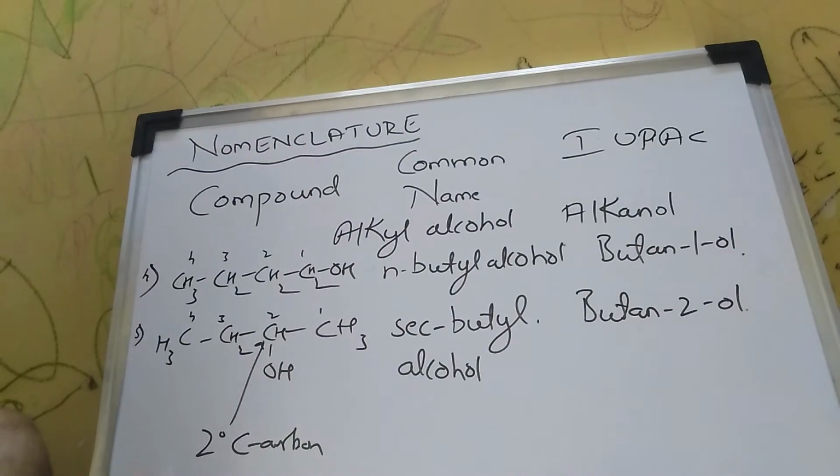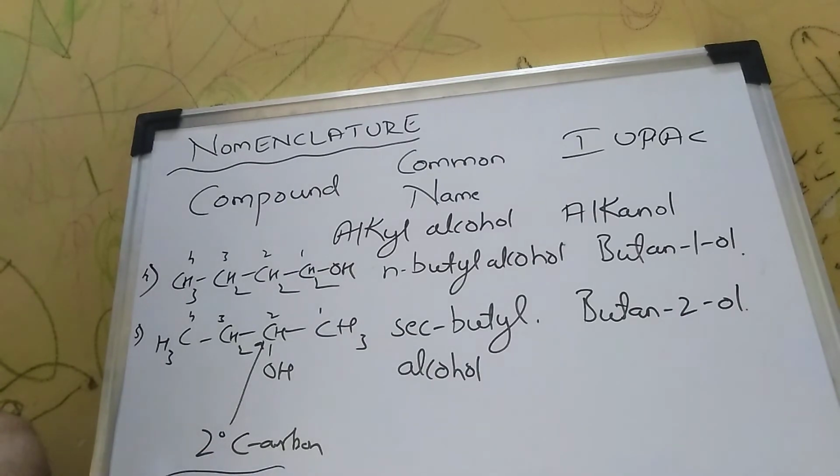Next 1, 2, 3, 4. 4 carbon atoms, butyl. Now the OH is attached on the terminal. 1, 2, CH2, 1, 2, 3. This carbon will be H, 1, CH3, here CH3. So in this case, the methyl group is branch, whereas the OH is attached on the terminal one. Right?